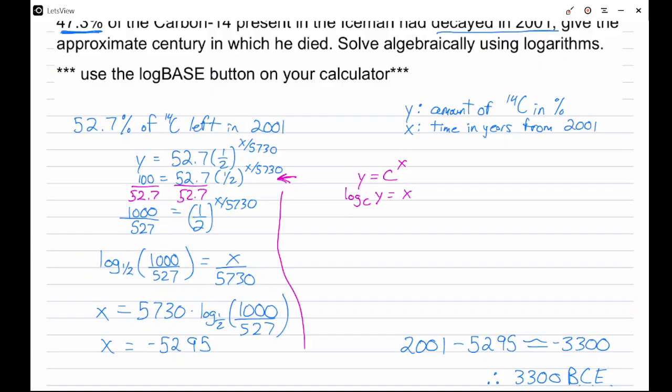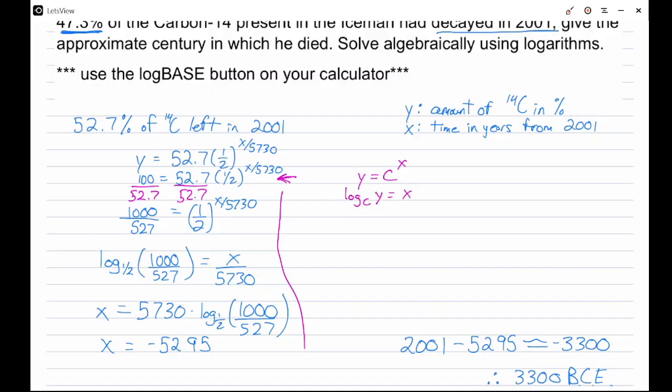We did the definition of what a logarithm is, but understanding that logs are inverses of exponential functions, if I took the log base 1/2 of both sides of the equation, I get the exact same thing on the left side, but I would have log base 1/2 of 1/2 to the x over 5730. Those are inverse operations, which would just leave me with the exponent.